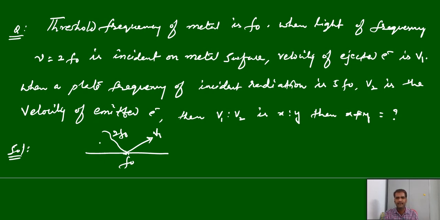Then light of frequency 5 f naught is incident on the same metal surface, whose threshold frequency is f naught. Again an electron is ejected, and in this case the velocity of the electron is v2. Now the ratio of v1 to v2 is given as x to y. Then what is x plus y?